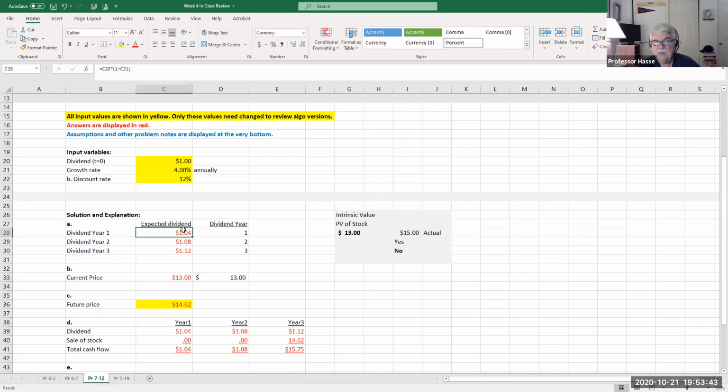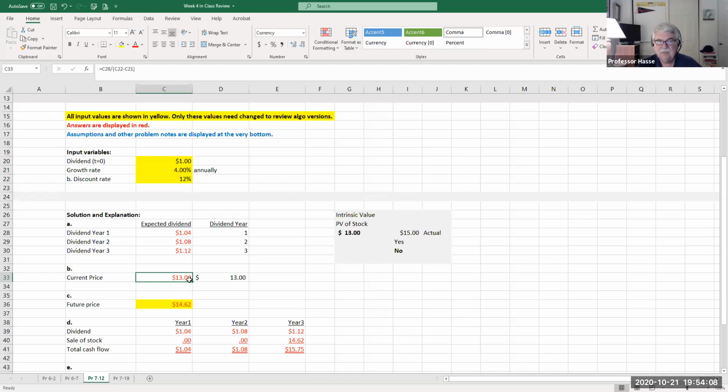Dividend at the end of year one, projected, divided by discount rate or investors' expected return, projected, minus the growth rate of the company, projected. Notice the word projected is used in a lot of this. $13 a share. That's the present value of the share based on the company's projections.